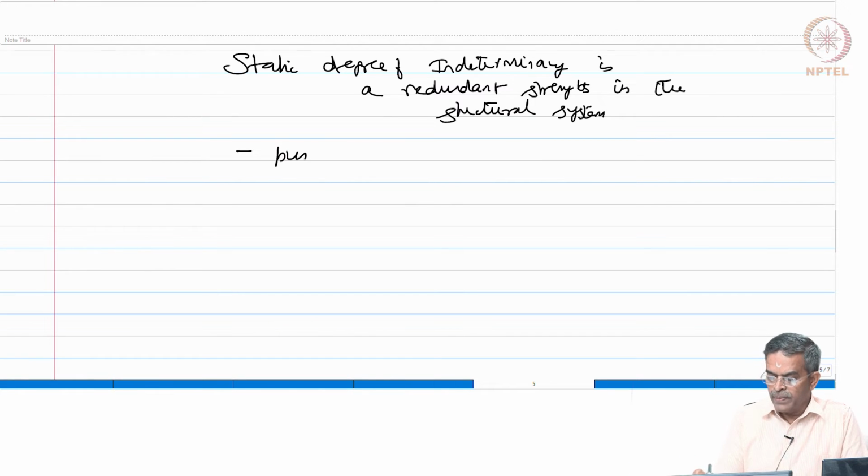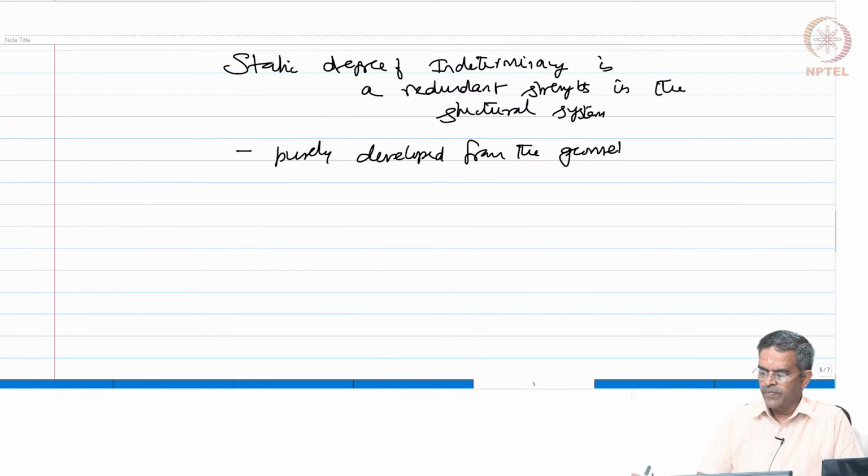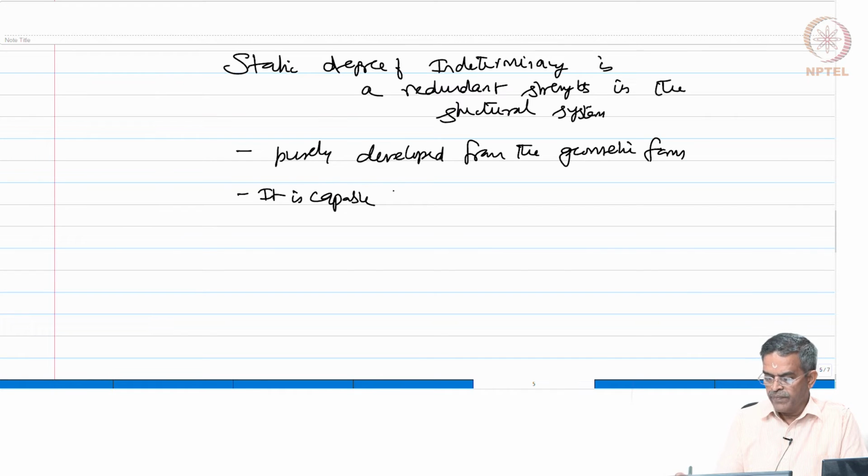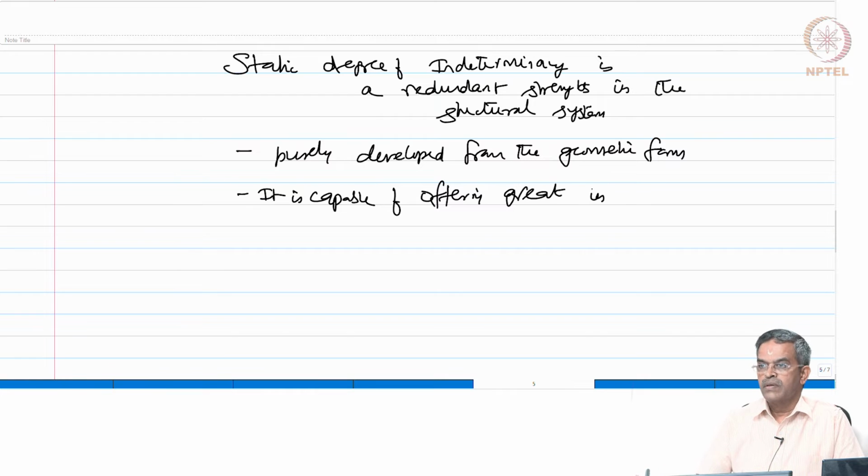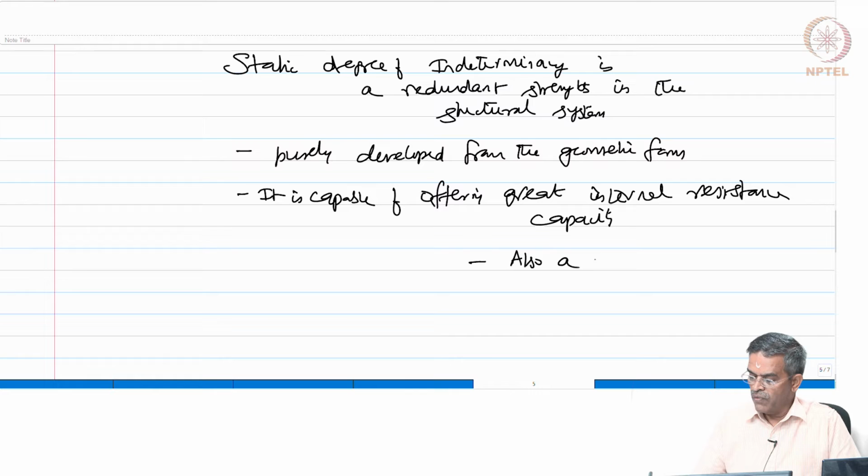This is purely developed from the geometry of the system. So, it is capable of offering great internal resistance capacity. Okay? This is also a form, it is also a type of form dominance. Okay?